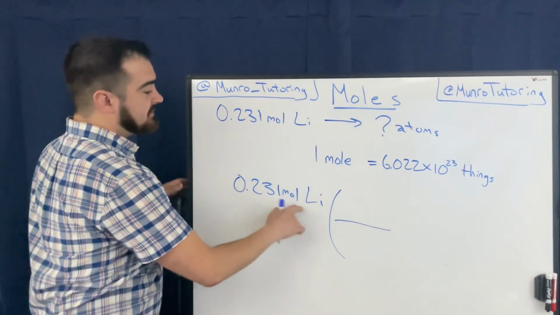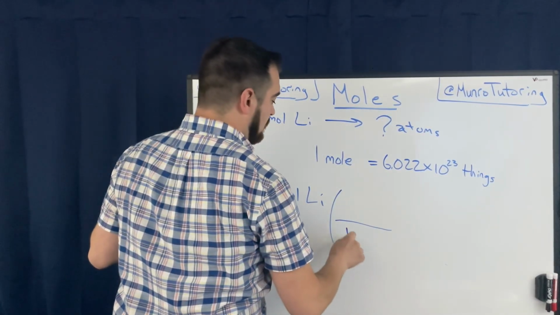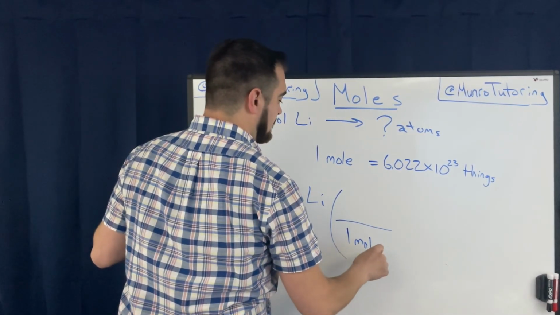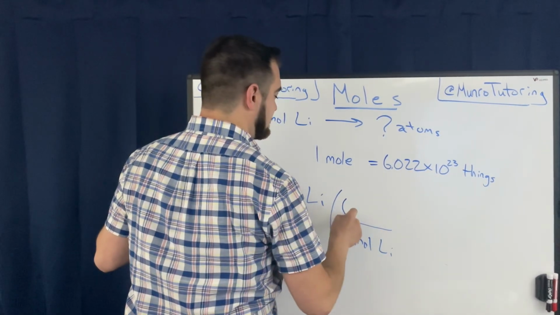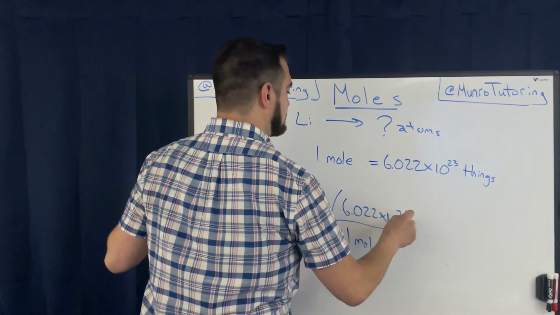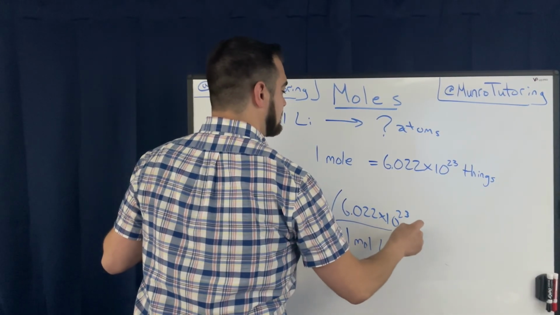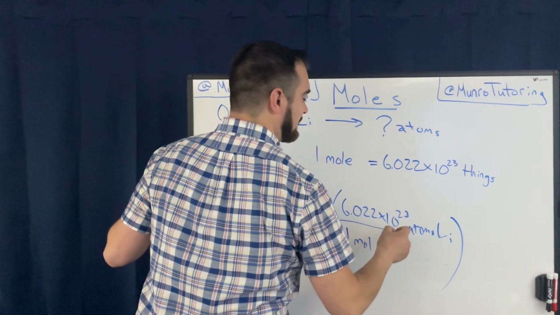So we want to cancel moles, so this side is going to go in the bottom, and I'm going to write out 1 mole of lithium, and what it's equal to goes on the top. So 6.022 times 10 to the 23rd atoms, I'm getting a little sloppy here, of lithium.